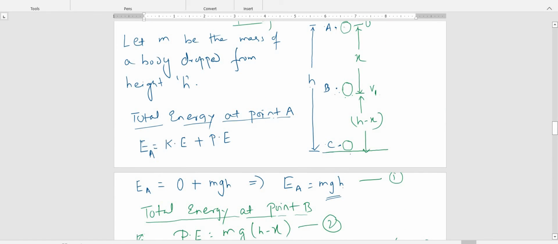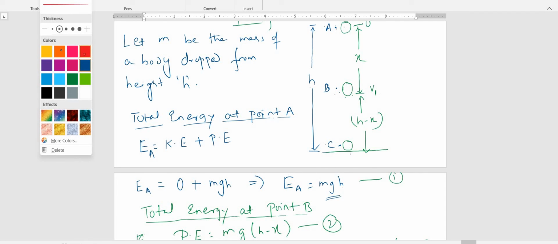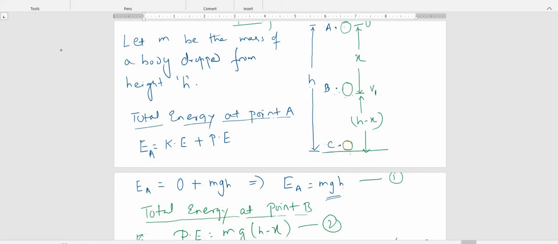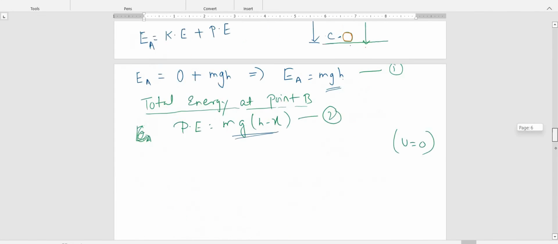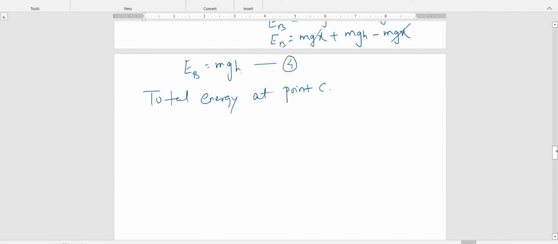See, when the ball hits the ground, the potential energy will be zero, no? Height becomes zero. So potential energy is zero. So only we will have kinetic energy. Okay? So potential energy at point C will be equal to zero.